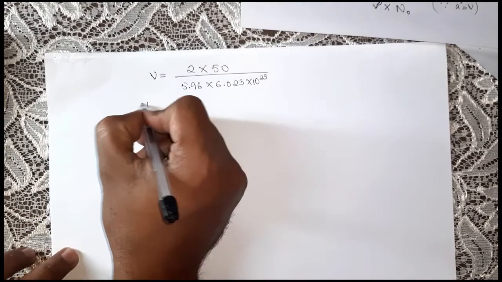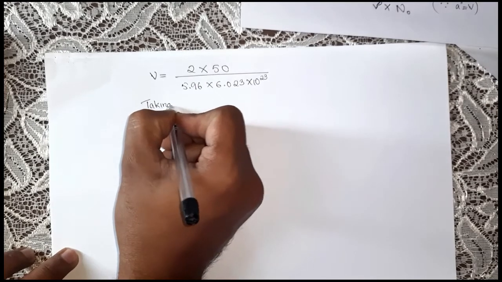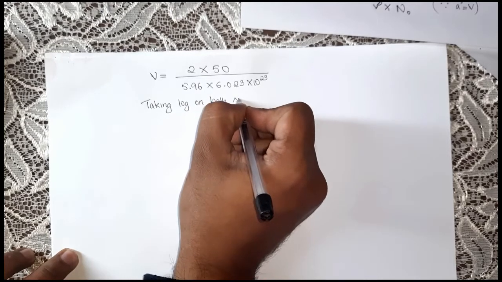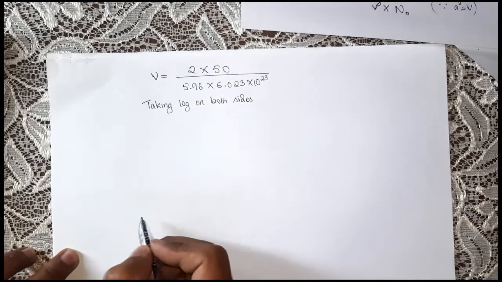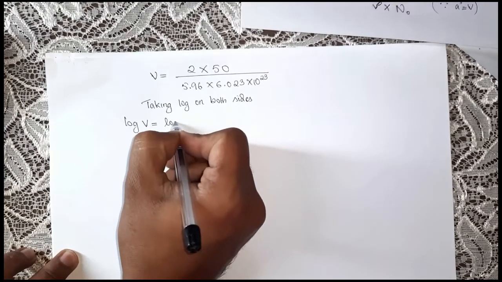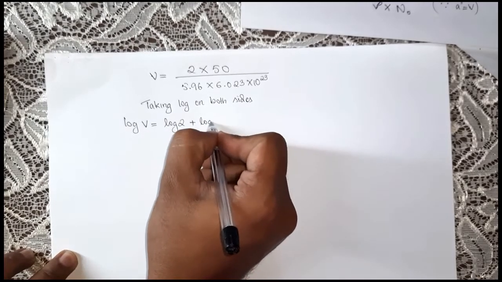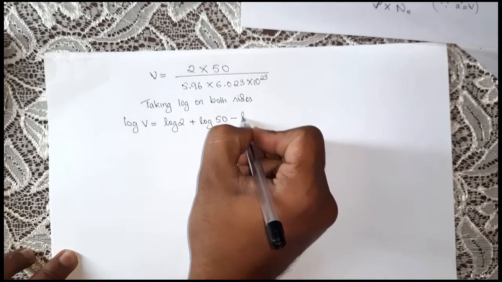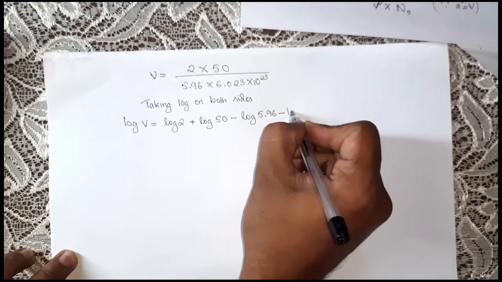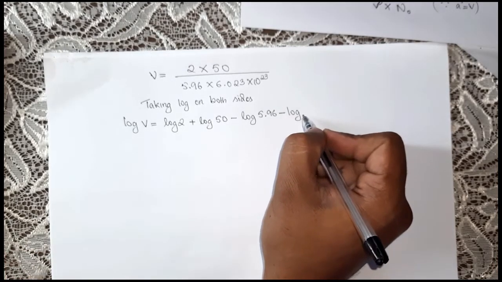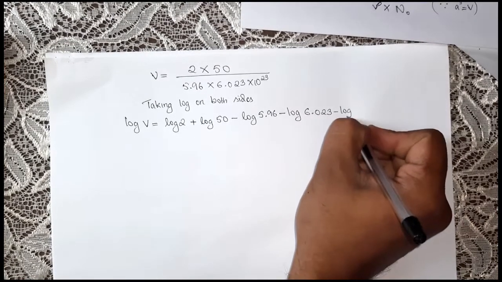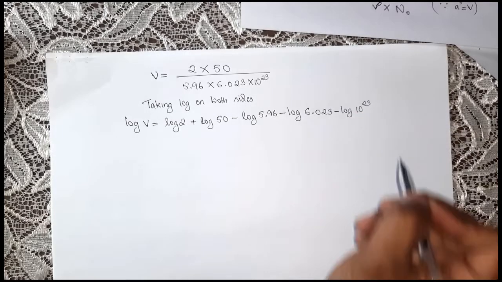Taking log on both sides, log V is equal to log 2 plus log 50 minus log 5.96 minus log 6.023 minus log 10 to the power 23.